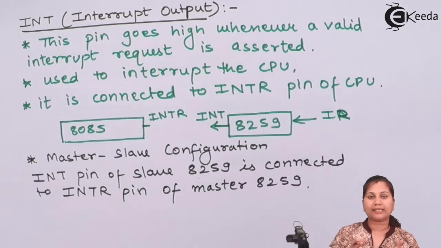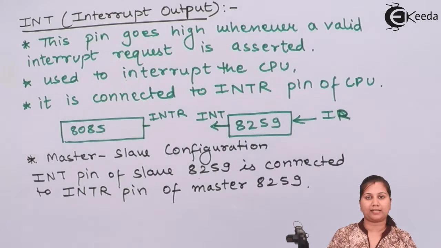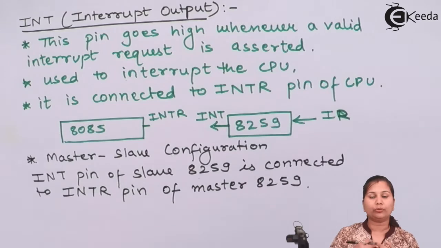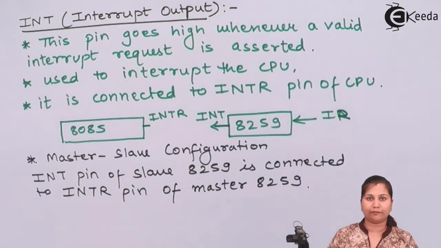It means that the slave 8259 is giving a request to the master IC that it wants this interrupt to be executed first.